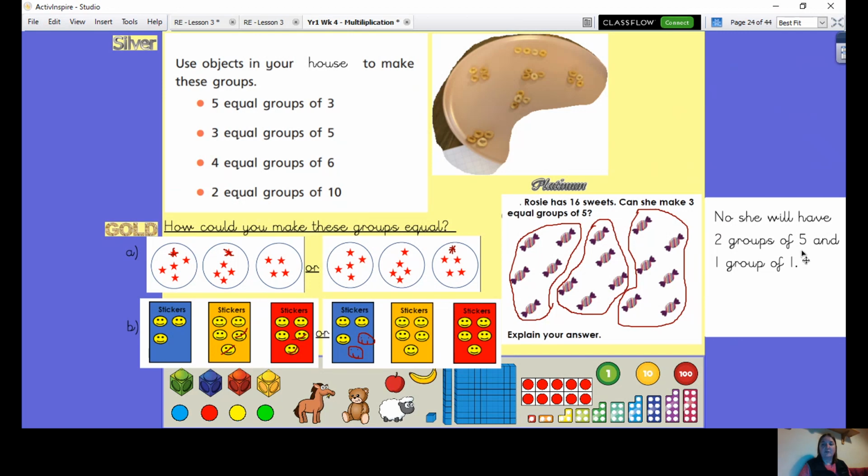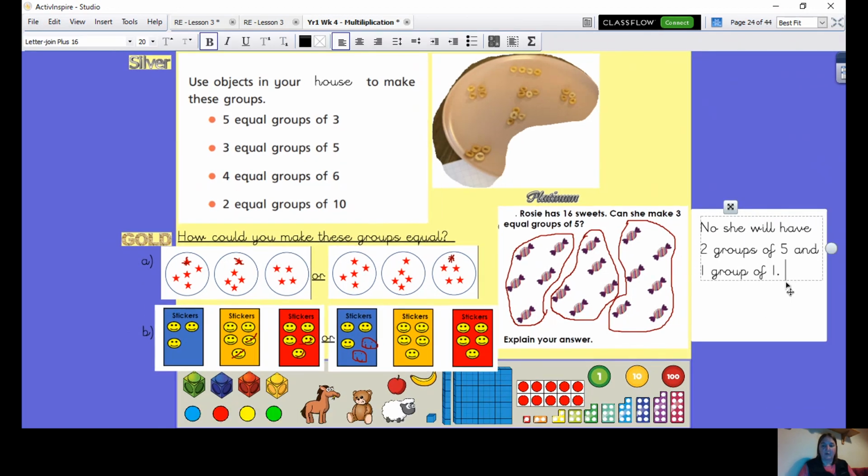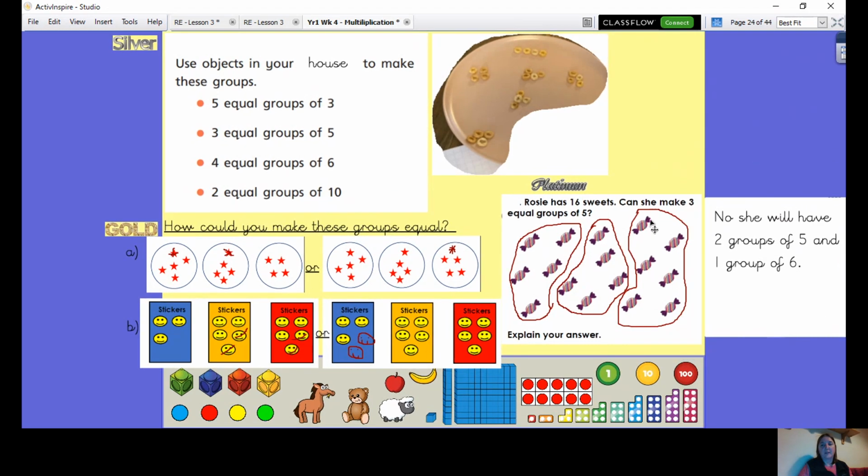No, she will have 2 groups of 5, and then she will have 1 group of 6. So she can't have equal groups, because if they all had 5 of them, she would end up having 1 left over. So no, she can't. I hope you got on well with that today.